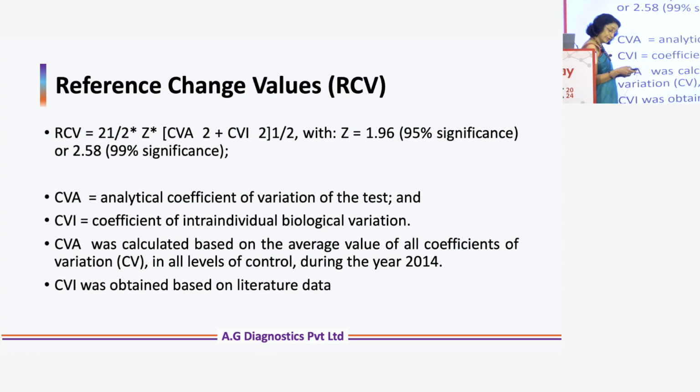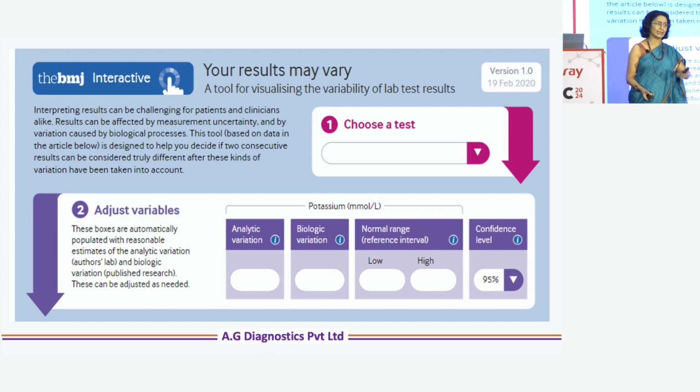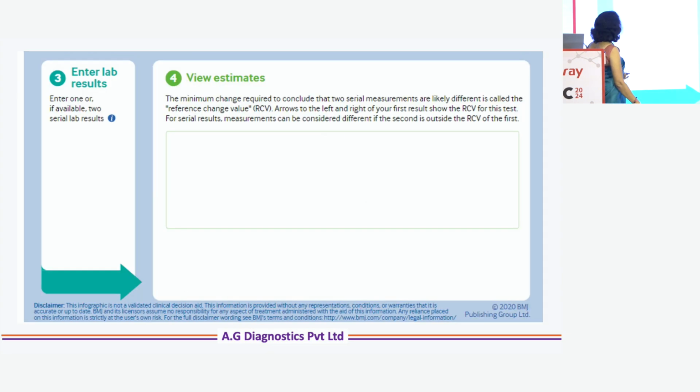But thankfully today the internet is like an encyclopedia. So you actually have calculators. There is a BMJ interactive calculator. You choose a test, put in the analytical variation, the biological variation, the reference interval which you apply, decide whether you want it at 95% confidence level or 99% confidence level, and enter your lab results.